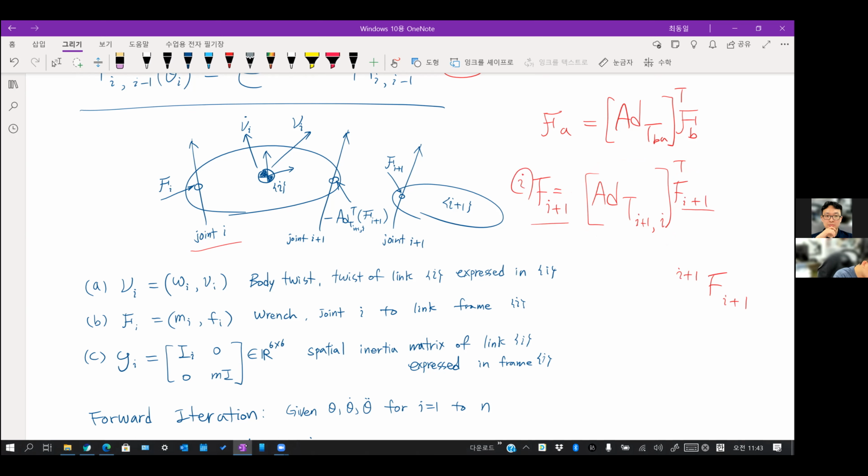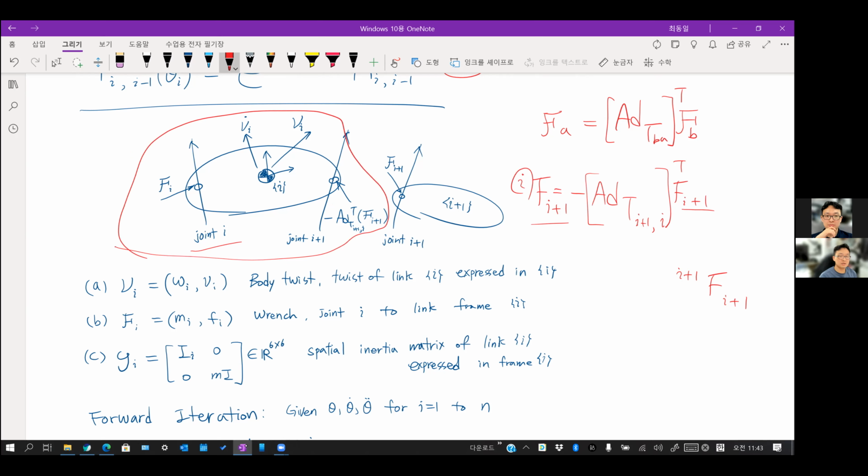And this one has a different direction, so we add the minus value. So this one and this one are action and reaction, and also a change of reference frame to calculate the equation in the i reference frame.